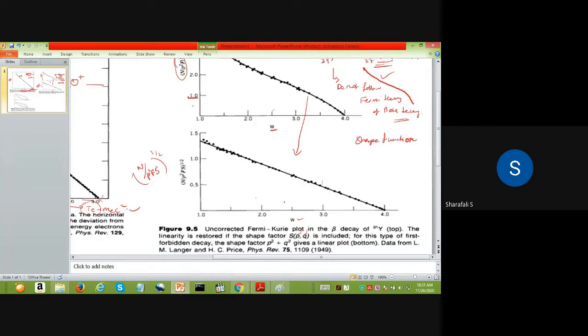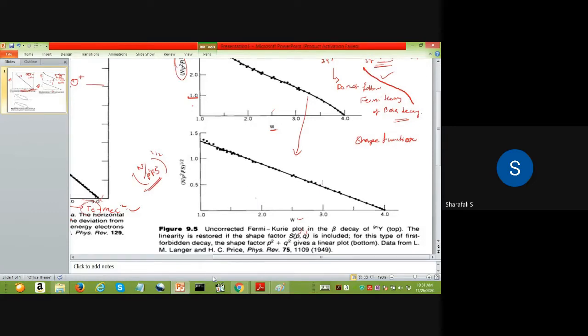So here Q is the neutrino momentum. So it depends on these values. That shape function depends on the momentum of the electron and neutrino. And if you multiply that factor along with your Fermi theory equation, then you will get an exact straight line when you plot this term with energy.